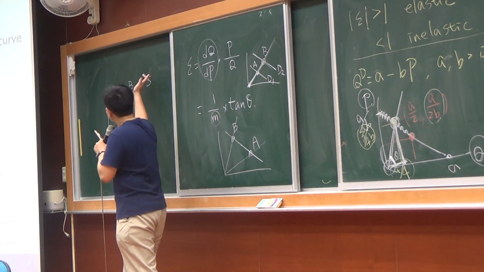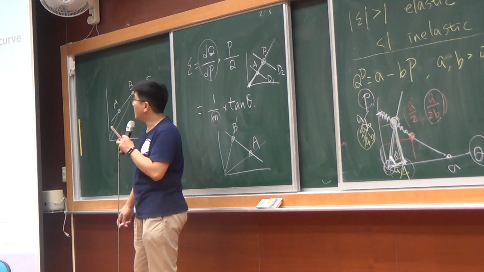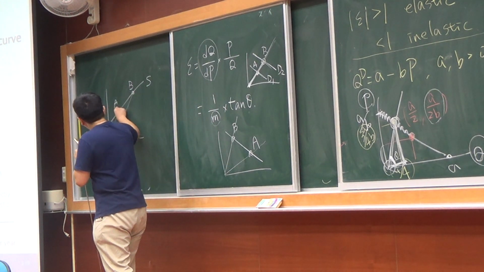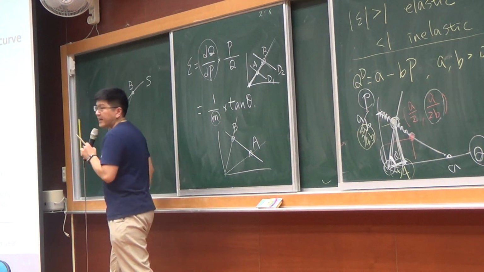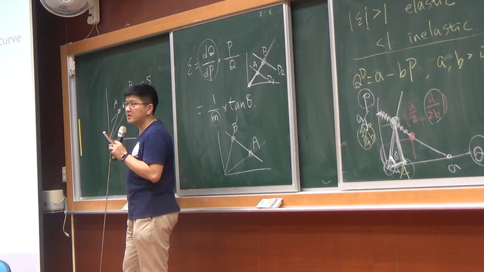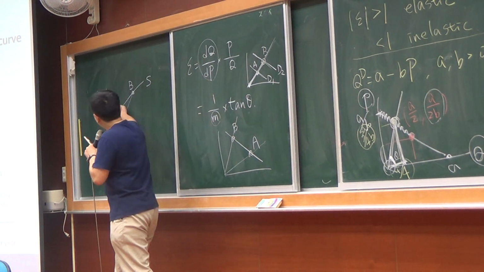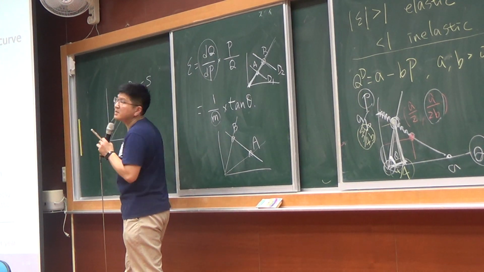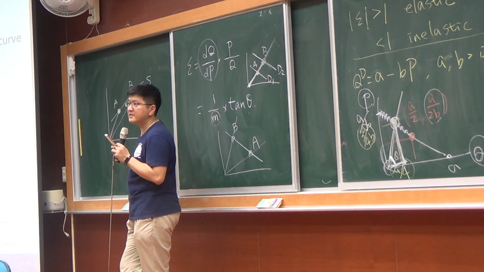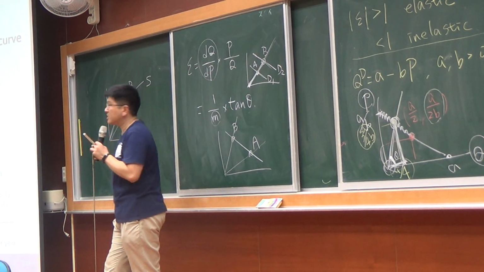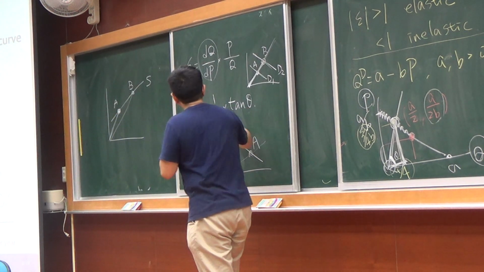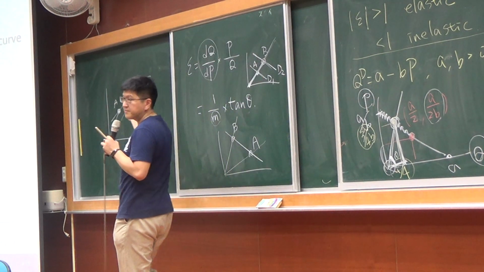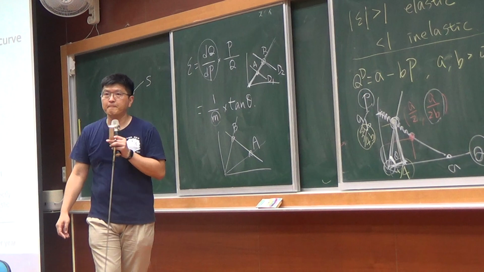The same slope on the straight line, on the linear supply curve. But point A has the higher tangent value. So this point will be more elastic than point B. Is that clear? So you can apply the formula not only to the demand curve, but also the supply curve. The same thing.